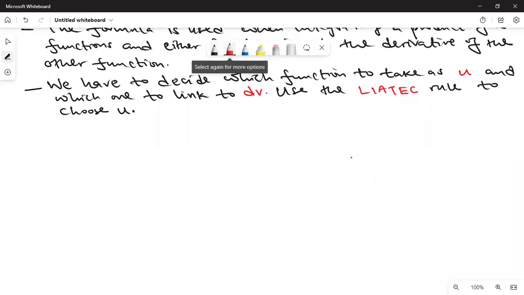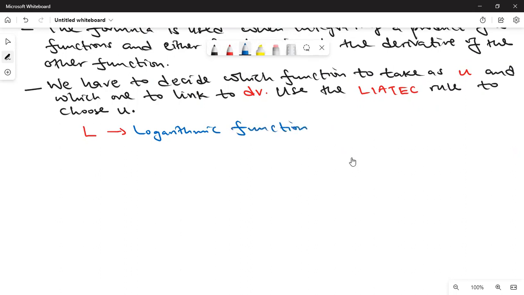So LIATEC means this. L stands for logarithmic function. I denotes inverse function. For example, you could talk of ln x, and here you could talk of sine inverse of x.